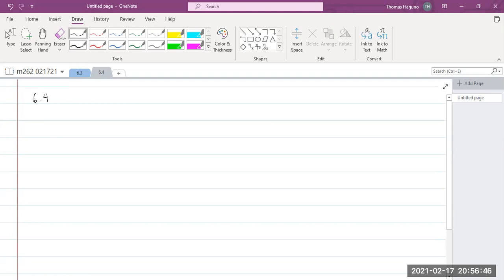This 6.4, the key. Let y equal natural log of x. So the derivative of natural log of x is 1 over x. Now from here, there are two possible outcomes. The first one is the antiderivative. If dy/dx equals 1 over x, then if I massage this, dy is 1 over x dx, right?